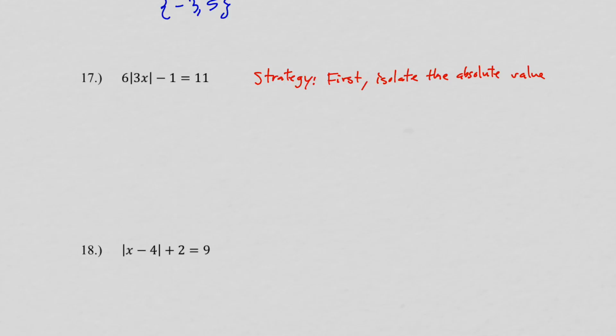And then second, solve two equations like we talked about, one positive and one negative. Okay, so it's going to take us a couple steps to get this thing isolated.